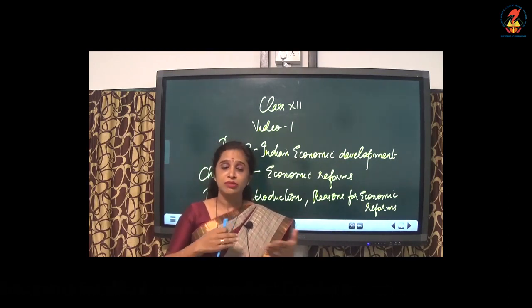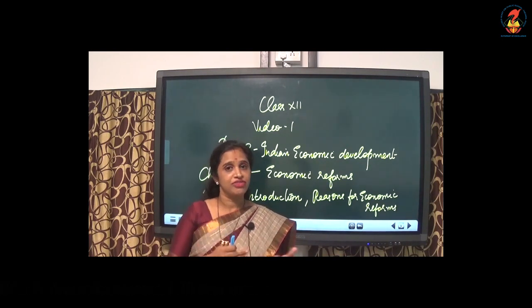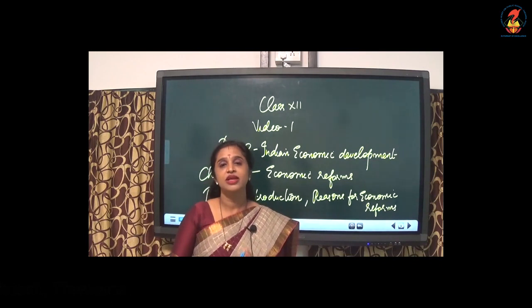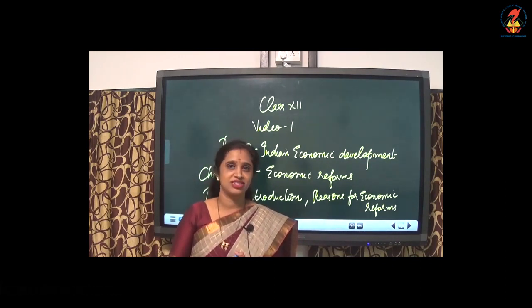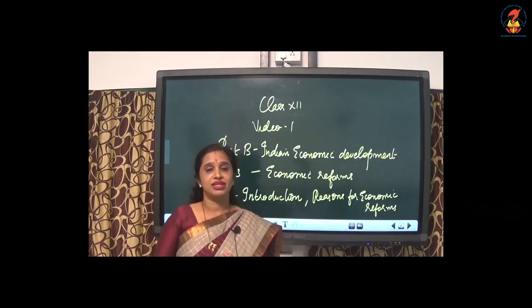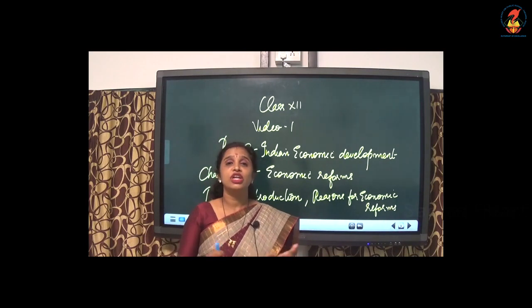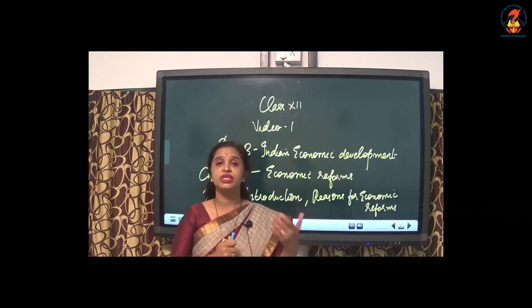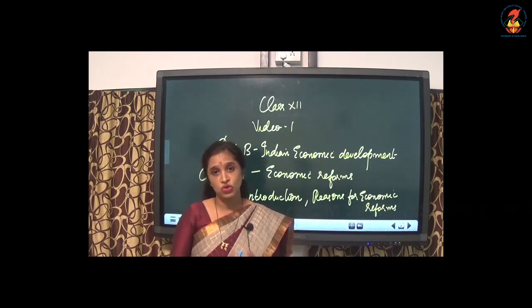Some scholars pointed out that the government could give some areas to the private sector, like hotels and telecommunication, where private sectors could run them properly. We also learned that in the industrial sector, due to the large number of government undertakings, in a few sectors the government was running at a loss.